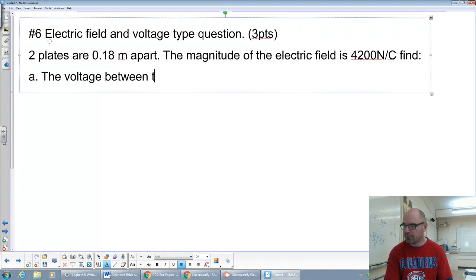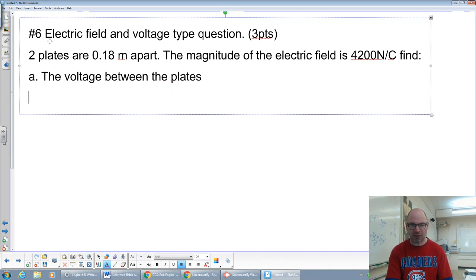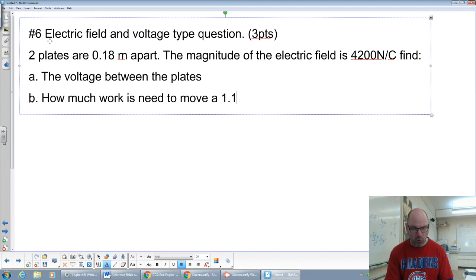And the second one is how much work is needed to move a 1.1 microcoulomb charge in the field.